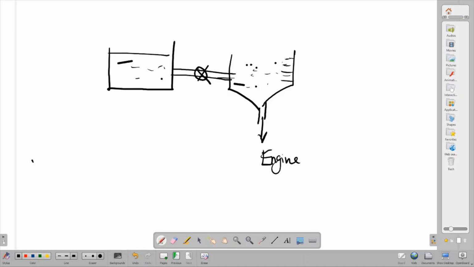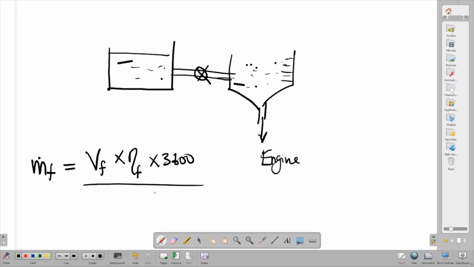The mass flow rate through this flow meter will be as a result of the volume of fuel multiplied by the density of the fuel times 3600 to convert it to hour, over the unit time that it takes for the fuel to be fully expended.